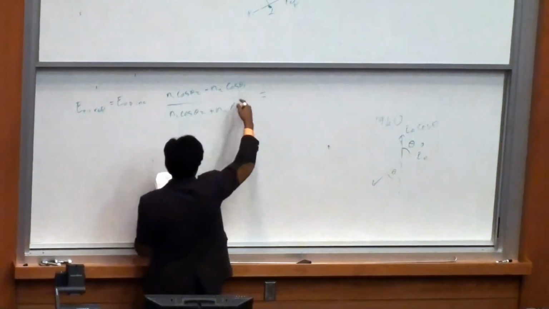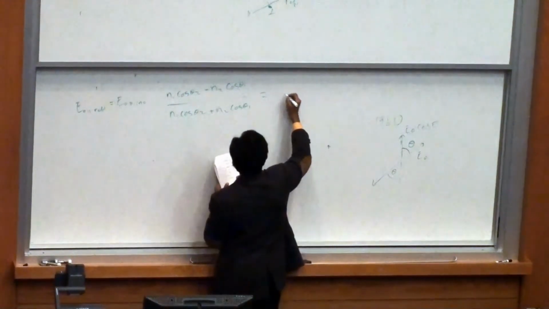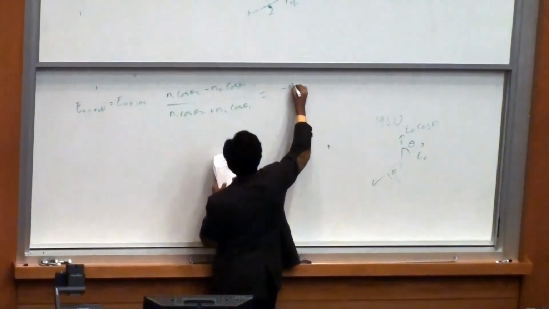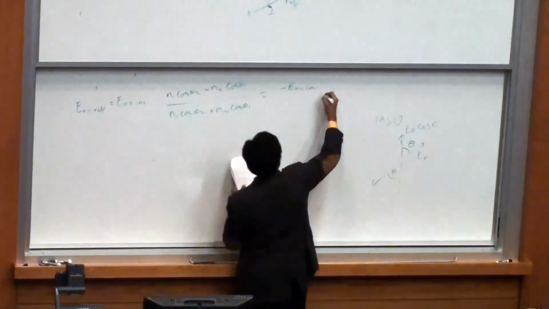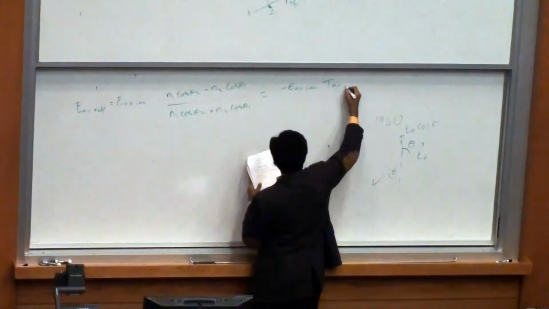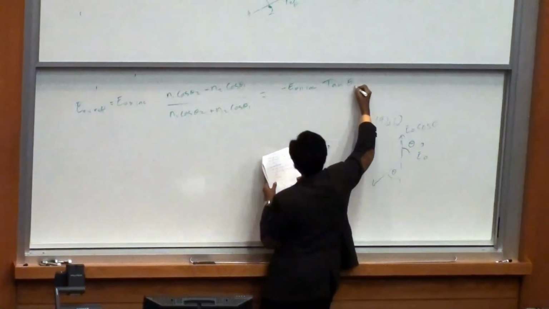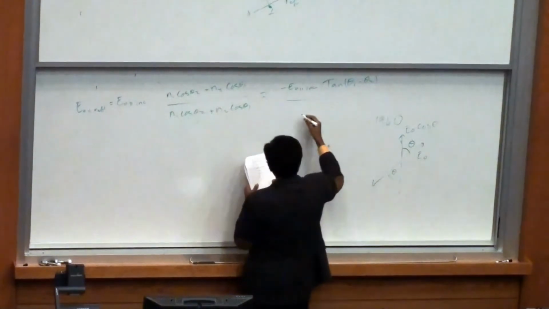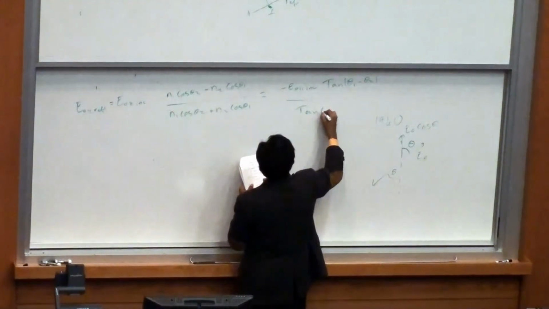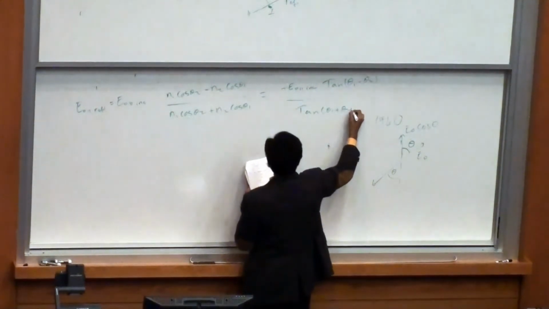And using Snell's law, I can simplify this to negative E naught parallel incident times the tangent of theta 1 minus theta 2 over tangent of theta 1 plus theta 2.